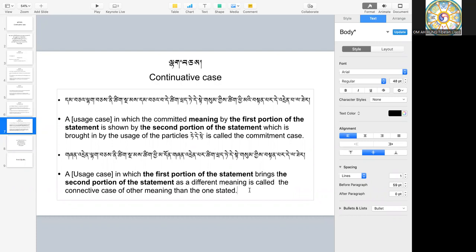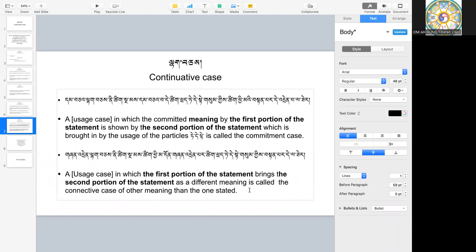It's just conjoining 2 different pieces of information that may or may not have a relation between them, but these are 2 different phenomena. So this type of usage case is known as the connective case of other meaning than the one stated. In all, there are 3 usage cases, 2 variations for the first one, 4 variations for the second one, and the third usage case. So in total, 8 usage cases.